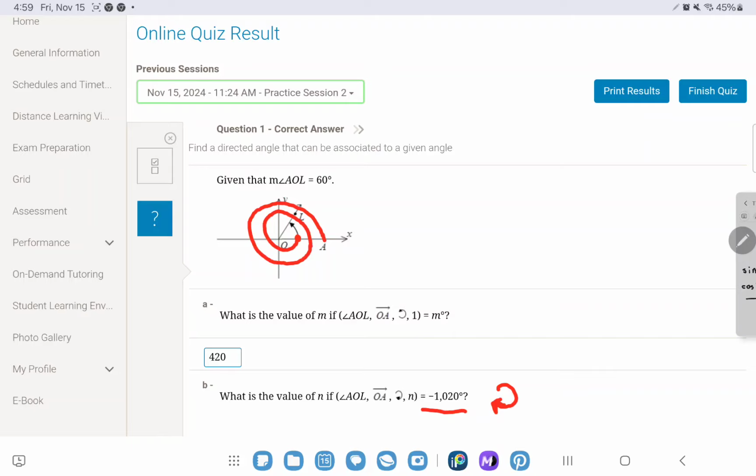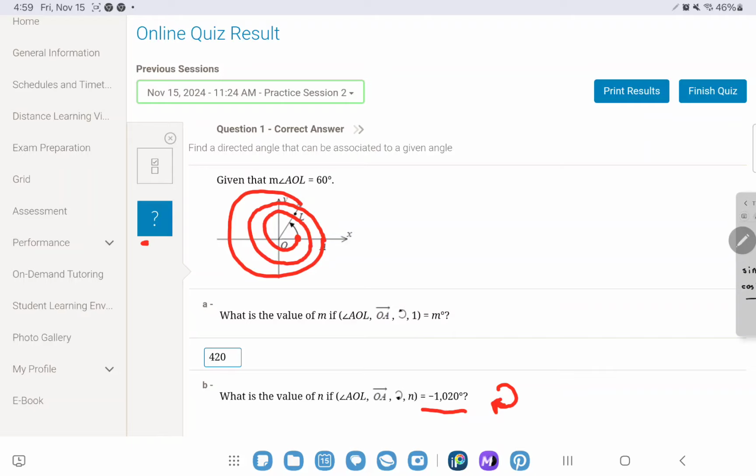And now that we know we have 720, you need to find out how much is left from 1020. So you do 1020 minus 720, and you're gonna find 300. So what's 300? 300 is another part until you reach here, so it's not a full turn.